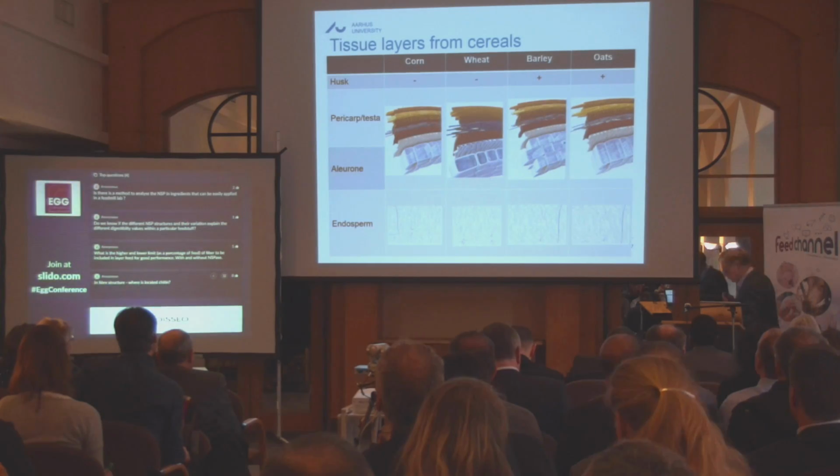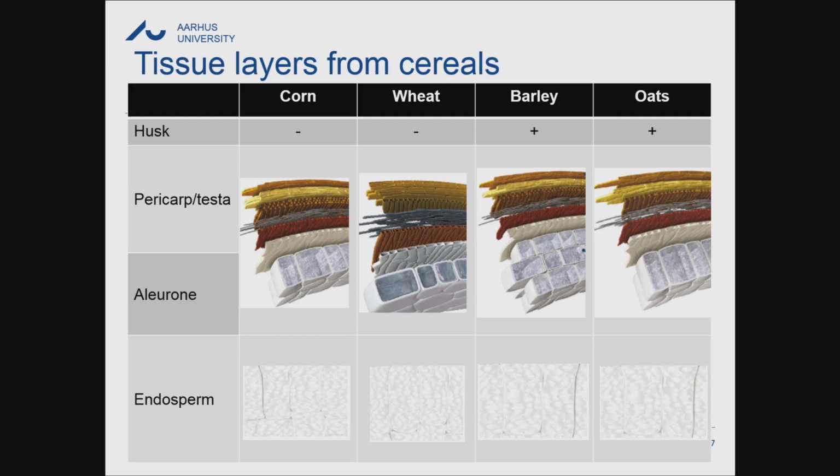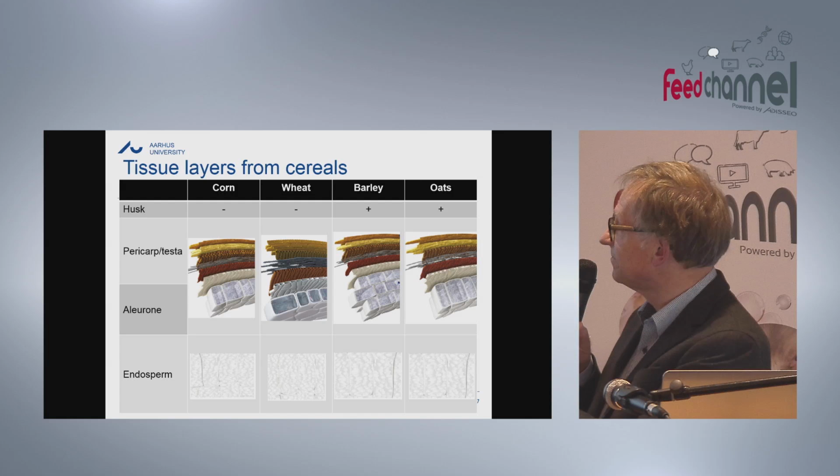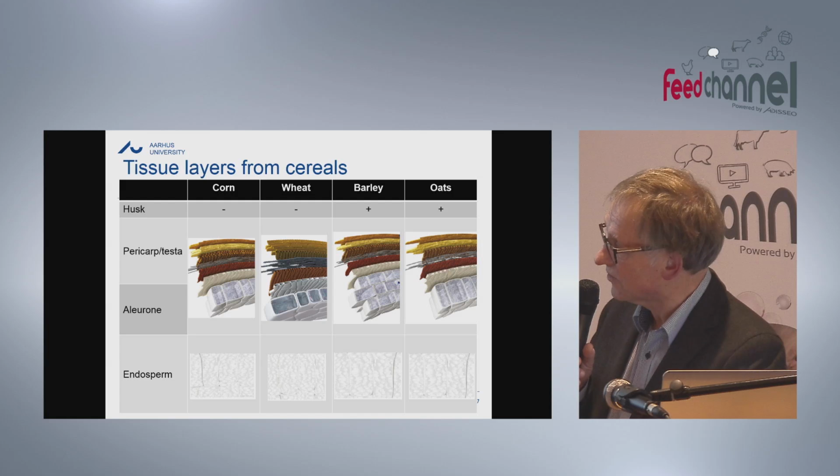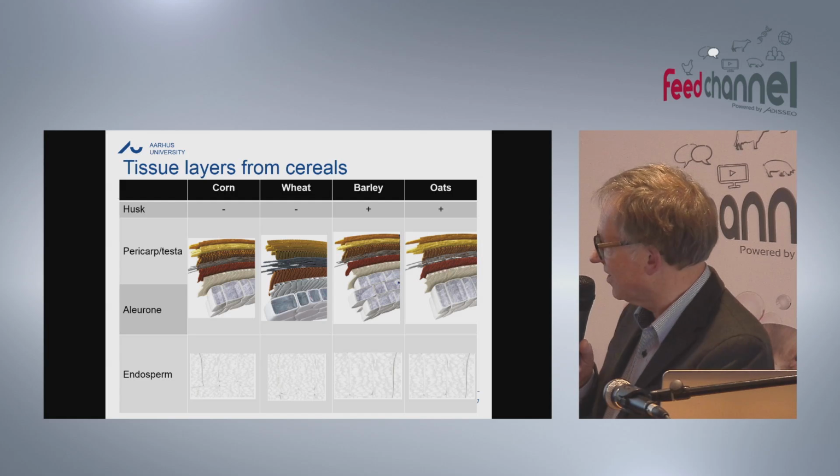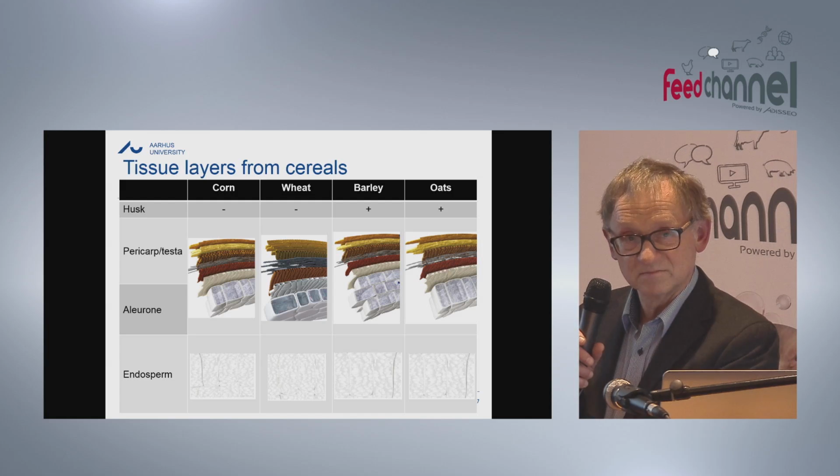Looking into the cell tissues, you can see that by the way it's organized, the capability for different enzymes to work on a layer like this is very different from when it's working on a layer like the endosperm.